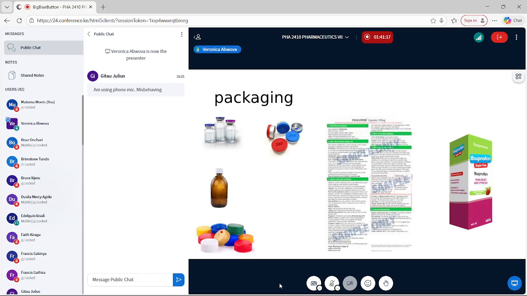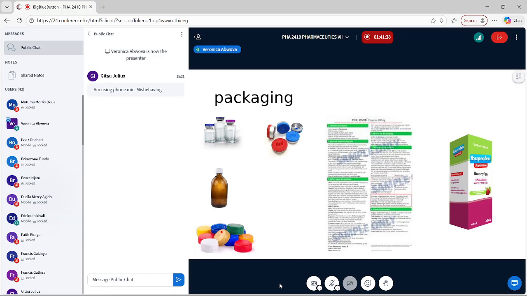Why do we insist that the closure cap or the closure system is part of the packaging? The reason we insist is because sometimes, especially when you're carrying out, next semester we'll be looking at drug development, okay?